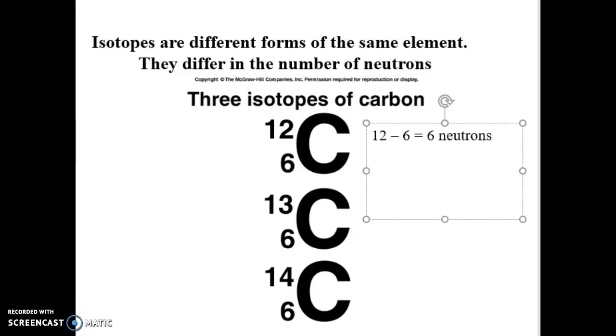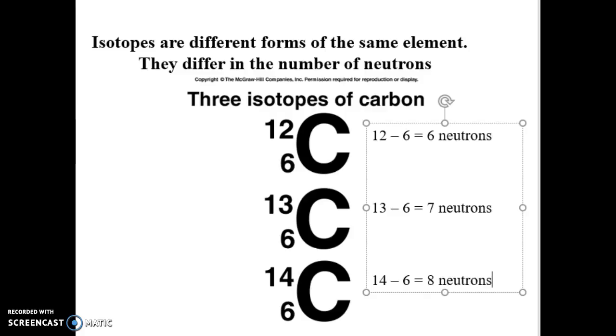Now if we go down here, atomic mass of 13 minus 6 protons will equal 7 neutrons. If we come down here, atomic mass of 14 minus 6 protons equals 8 neutrons.